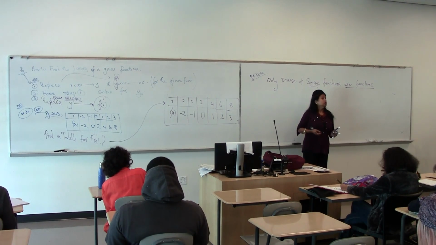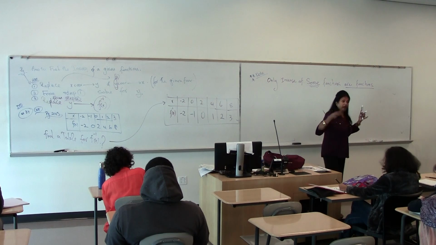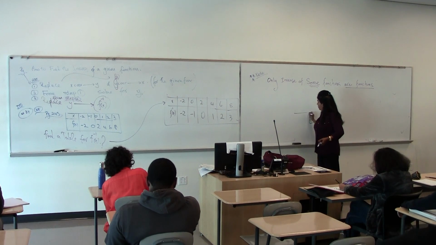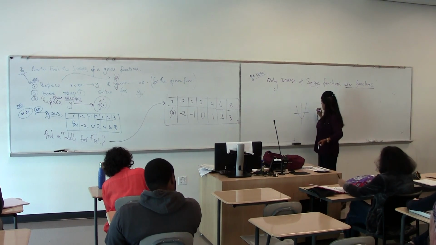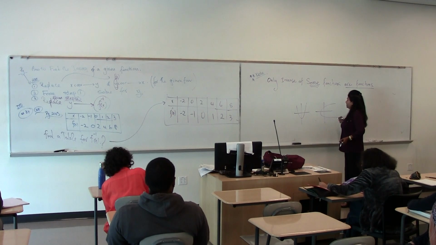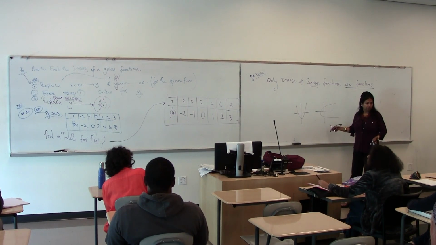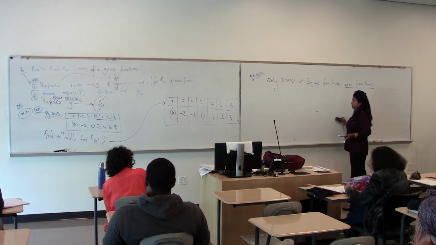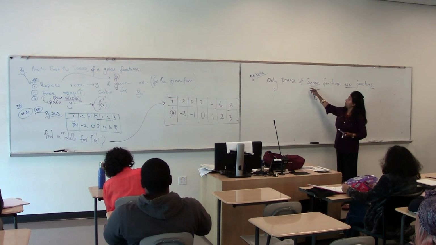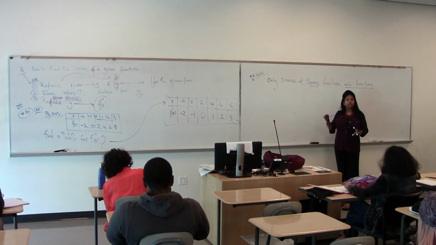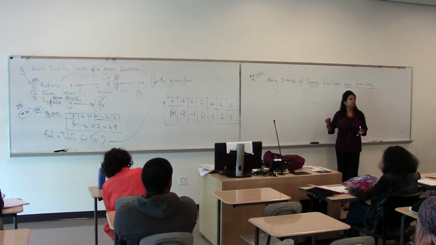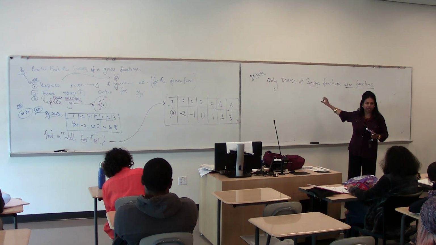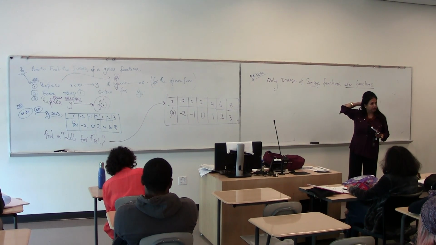The inverse is a different graph. If you have a graph like this and you take the inverse of it, we get something like this. Is this a function? No. So only some functions have inverses that are functions. Or you can say not inverse of all functions are functions. Either way you say it, you have to understand what it means. Does it make sense?